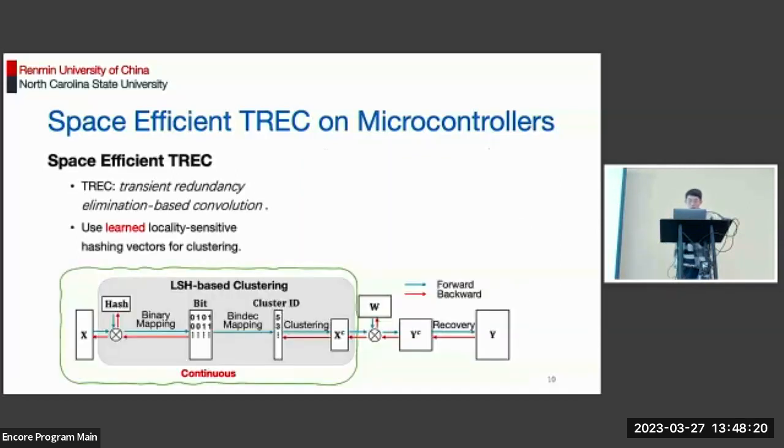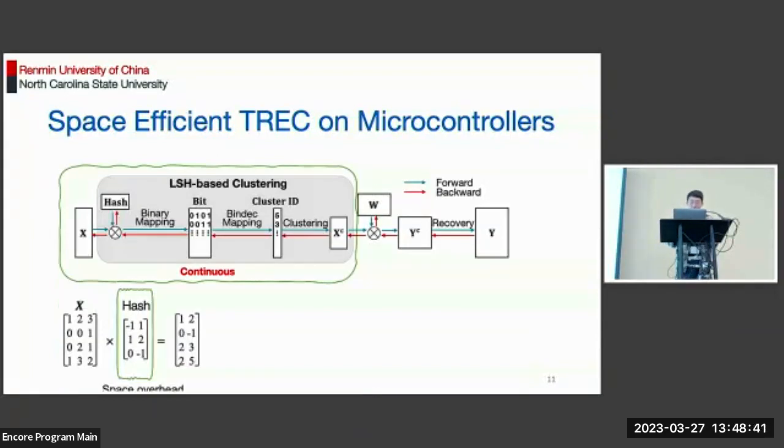By incorporating this novel TREC operator into our system, both in the forward and backward paths, we successfully group similar neural vectors into clusters to detect and remove redundant computations.